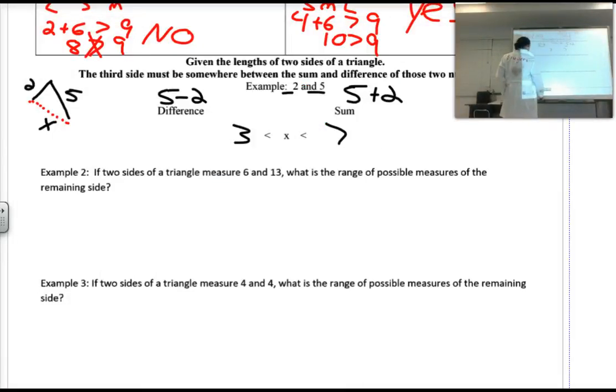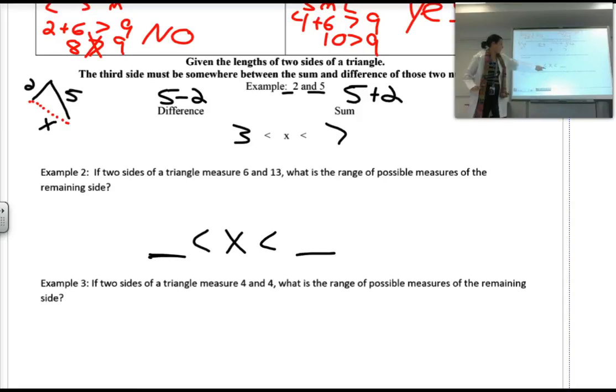If two sides of a triangle measure 6 and 13, what is the range of the possible measure of the remaining side? The question is very similar to what we did there. The first thing that I do is I always write my inequality. I know that x needs to be greater than some length that we're going to find, and x needs to be less than some length we're going to find. To find these numbers, we're going to do the difference.